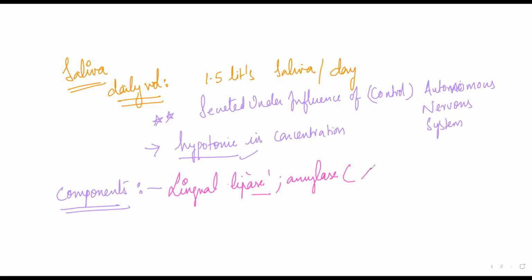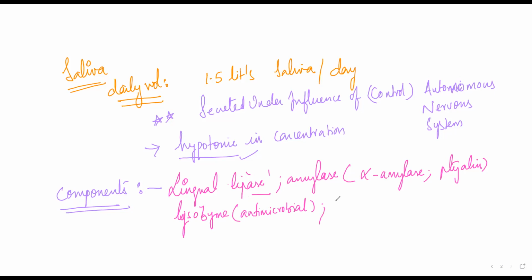The amylase present here is called alpha amylase, or we call it ptyalin. And we have lysozyme, which is antimicrobial. It kills the bacteria. So this is antimicrobial lysozyme present in the saliva.